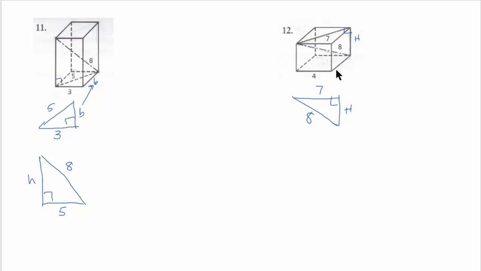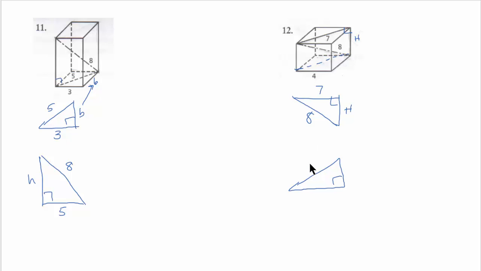Then, after you've found that, we need to find this width right here. Okay, and so how are we going to do that? We're going to think about the base here. If you took the base and if you drew this diagonal right here, it's the same as this diagonal. So in the base, there's a second right triangle.